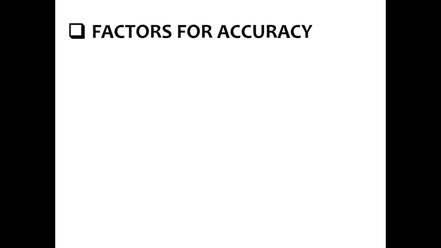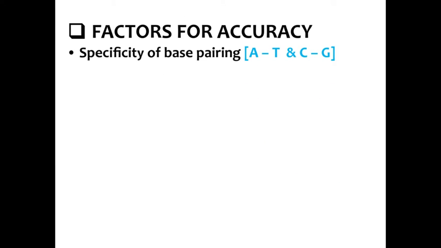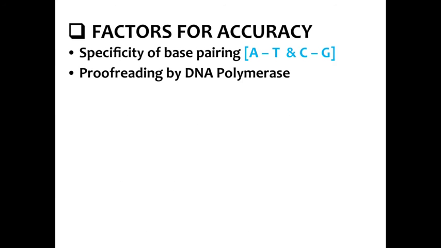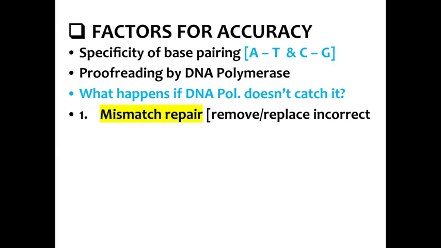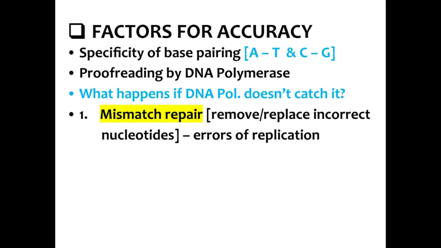So last little bit, factors for accuracy. One of the things that keeps replication accurate is just the specificity of base pairing. A's can only bond with T's, C's only with G's. And then DNA polymerase does some proofreading. Now, what happens if DNA polymerase doesn't catch it? Well, first, you have this thing called mismatch repair, and that will remove or replace incorrect nucleotides, which are errors of replication.